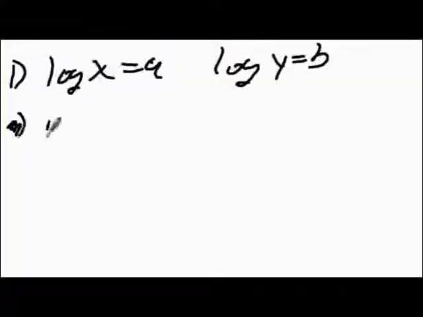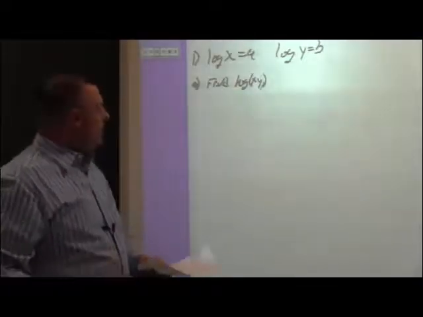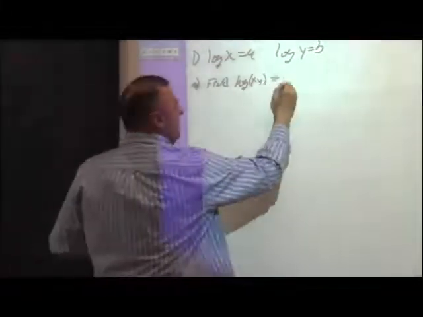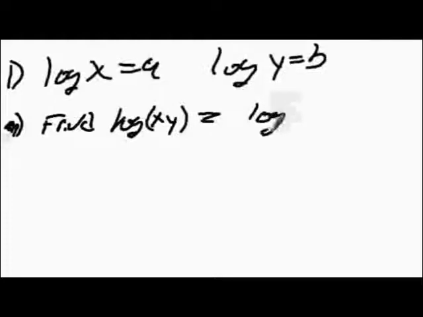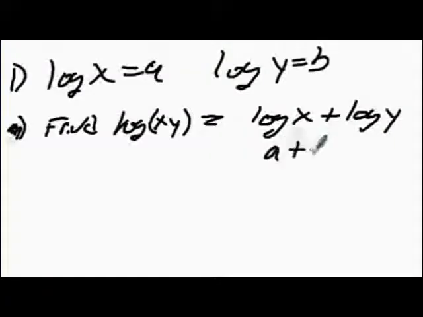They could say, find log of xy. Well, all you'd have to do is remember one of the properties. You can write that log of a product as a sum: log x plus log y. You're given that log x is a, and log y is b. So your answer would be a plus b.